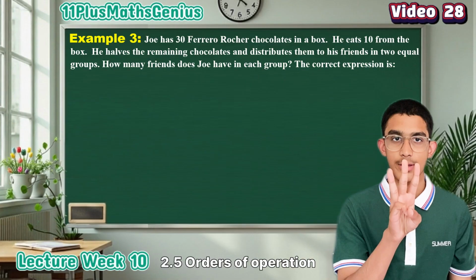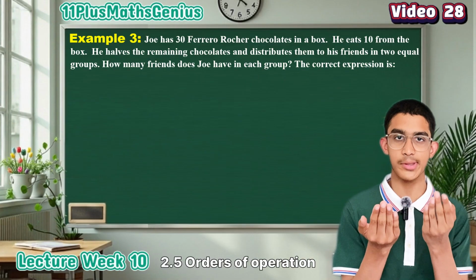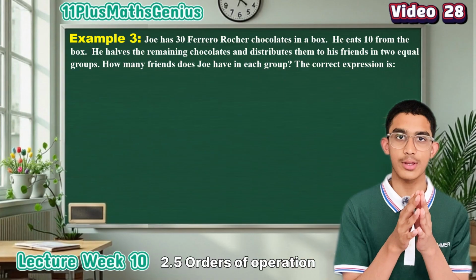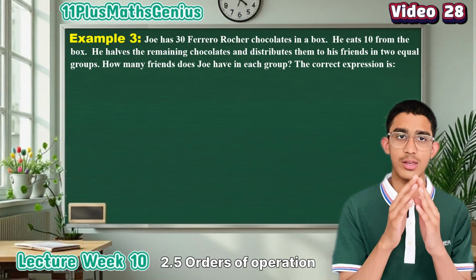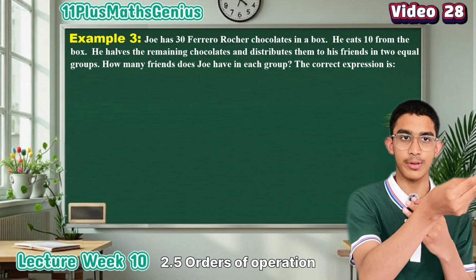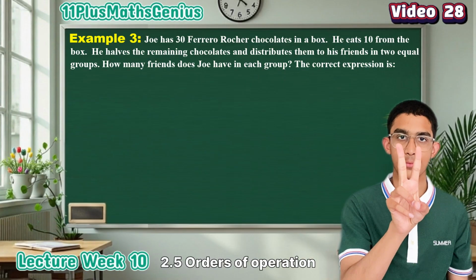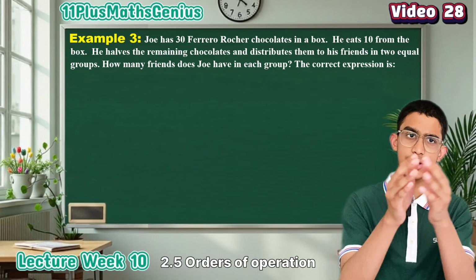Example 3. Joe has 30 Ferrero Rocher chocolates in a box. He eats 10 from the box. He halves the remaining chocolates and distributes them to his friends in 2 equal groups. How many chocolates does Joe give in each group?